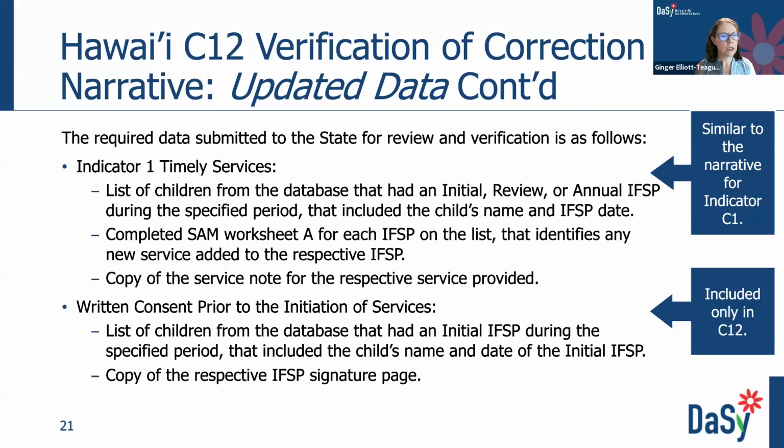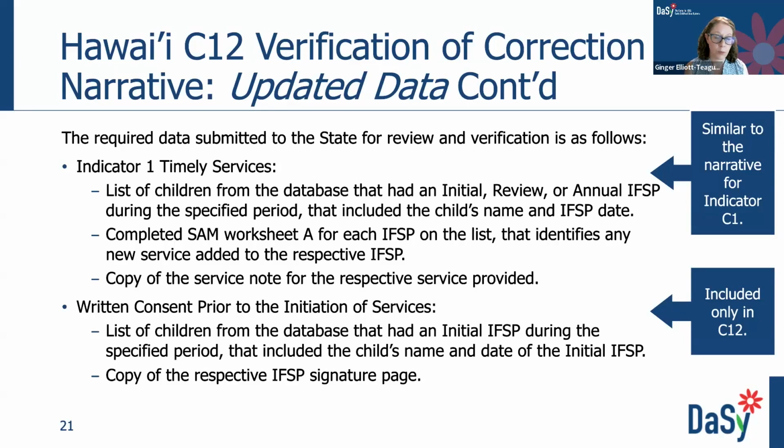For indicator 1, their timely services, they summarized the data that they looked at. They didn't go through those monthly descriptions, how much data they pulled by month. Instead, they said we looked at lists of data, these were the data points we looked at. They did a worksheet review to check that each IFSP had been reviewed and so forth.